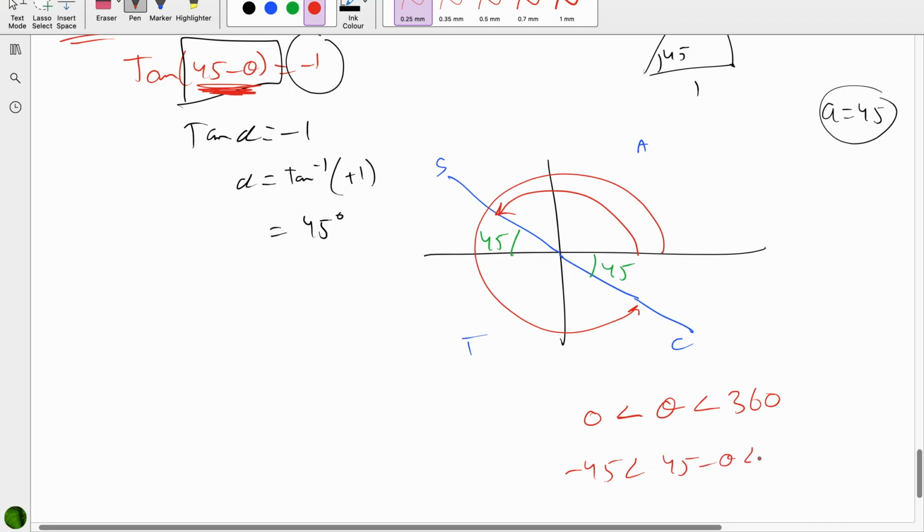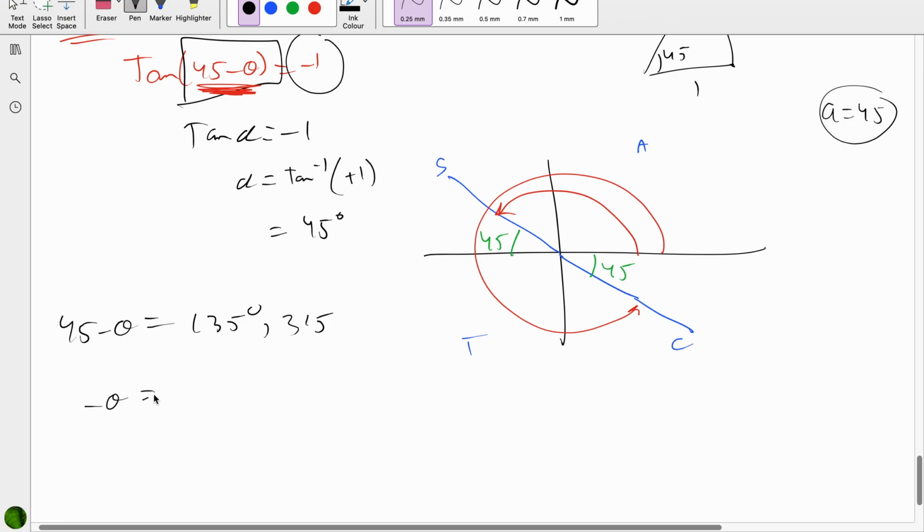Or an easier way without converting it, I'm just solving for the answers. So if I write this 45 minus theta, the first angle is 135, and the second angle is 45 less than 360, which is 315.